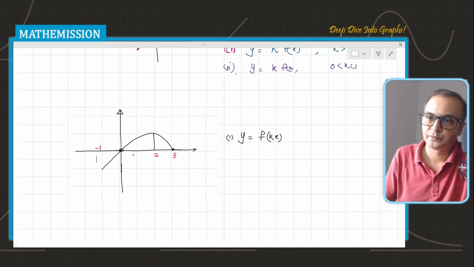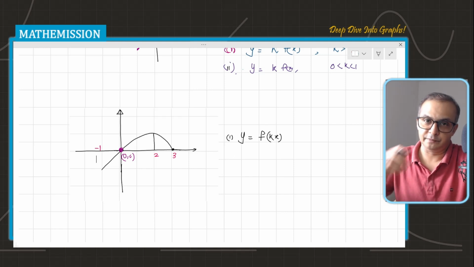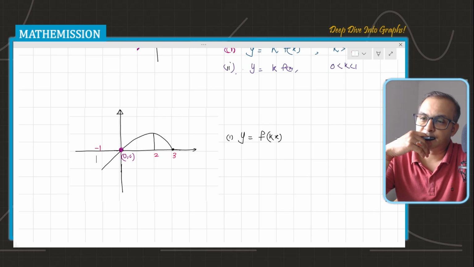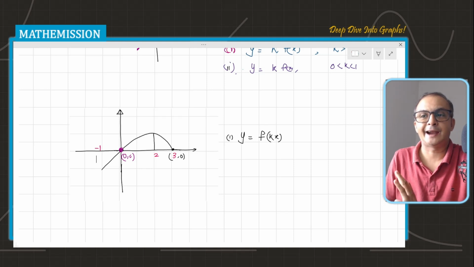You see that at 0, there is no change, because originally y is equal to f(x), and at 0 it will still give you 0, because k times 0 will be 0. But at 3 what will happen? You can see that originally the value of the function at 3 was 0.